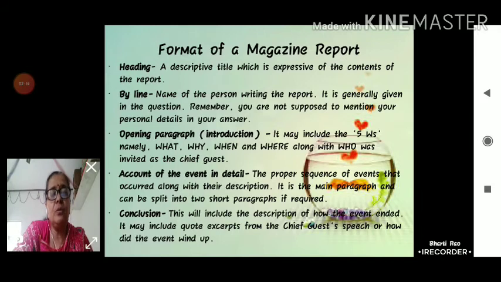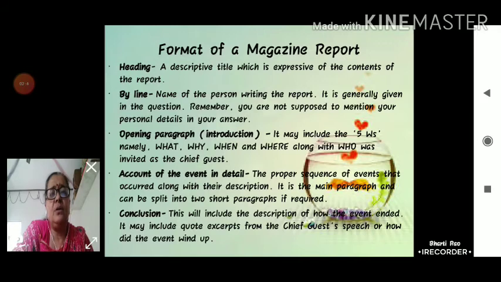That is what, why, when, where, and who. So, what is the event? Why? The reason behind the event. When is it going to take place? That is the time. And where? The venue, the place. And who has been invited as the chief guest.